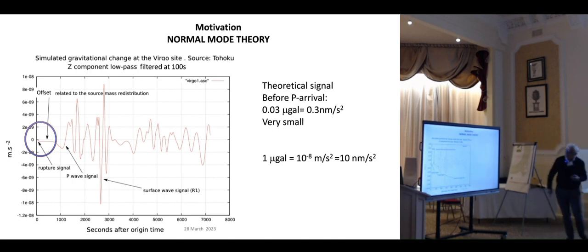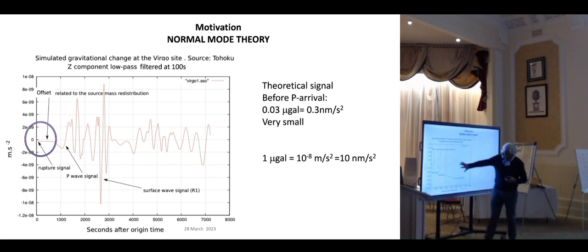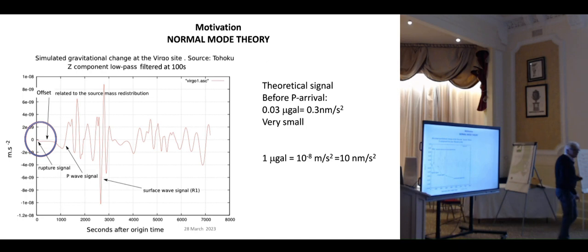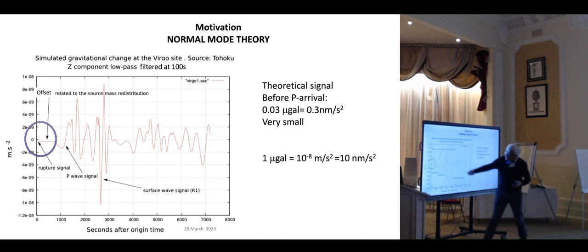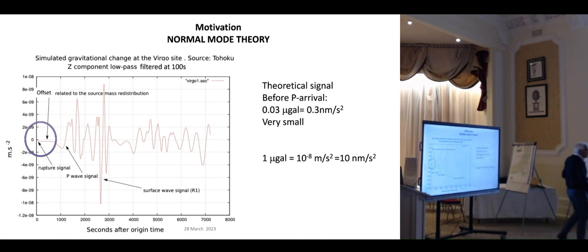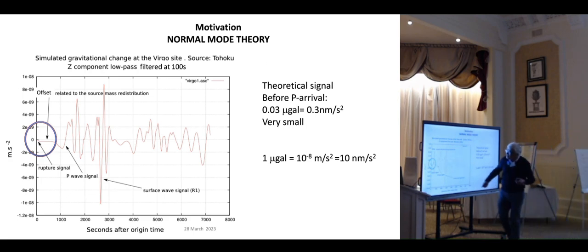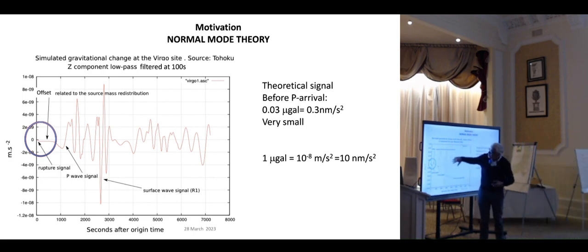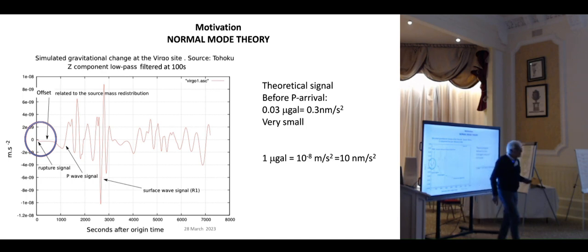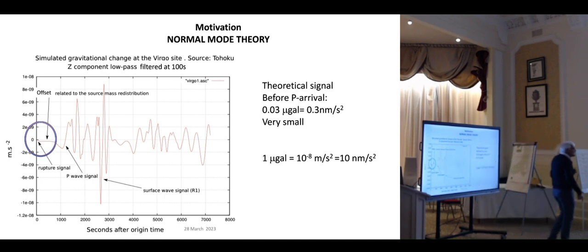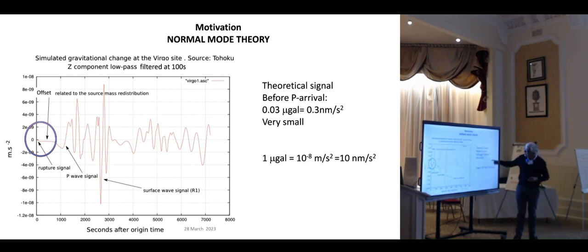So we started to calculate synthetic seismograms for the Tohoku earthquake, and we were very surprised because just at the beginning of the seismogram, there was a small signal, quite small, but completely unexpected. Of course, afterwards, we see P waves, we see surface waves, we see the classical seismograms. But this signal at Virgo was quite small.